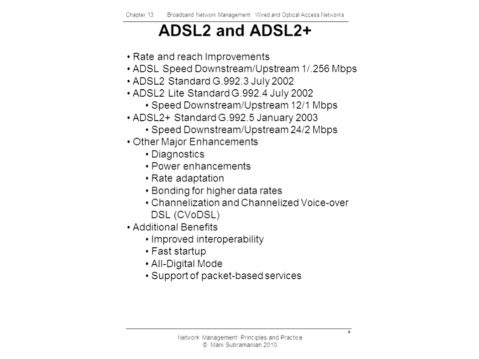Improvements include higher data rate, longer reach, rate adaptation, diagnostics, and power saving standby mode. The data rate increase is achieved by improving the modulation and coding efficiencies. We have a downstream data rate of 12 megabits per second and an upstream data rate of 1 megabit per second that can be achieved.